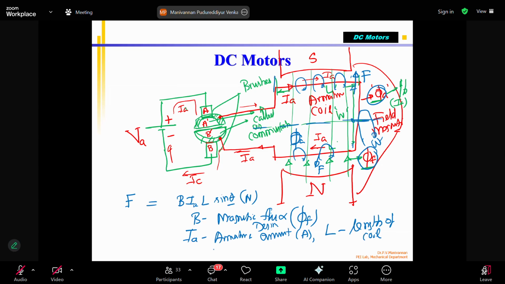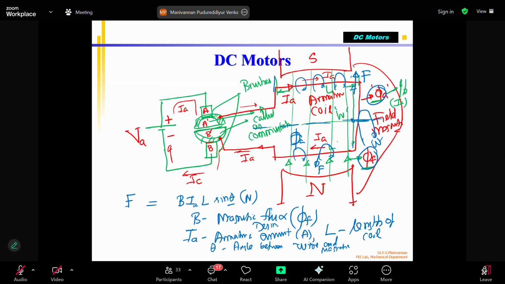So theta is the angle between the wire and the magnetic flux. Correct. So magnetic flux is going like this. This is current. The wire is like this because the current is moving in that.